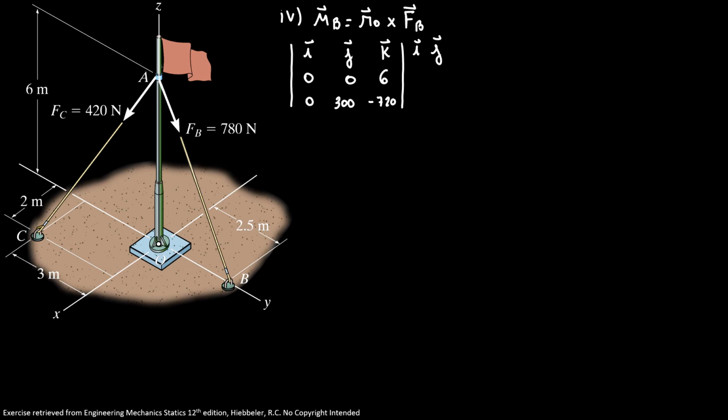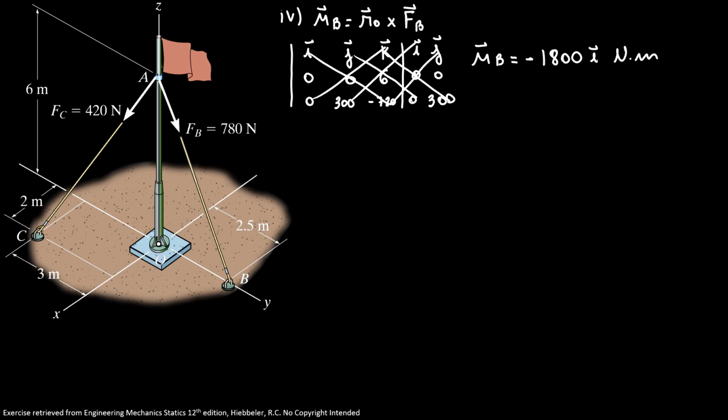Doing my cross product, I'm gonna find that my moment B is equal to minus 1800i newton meter.